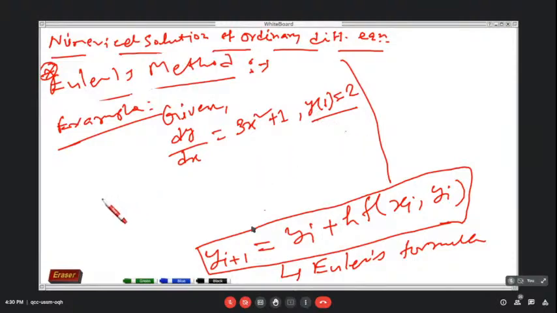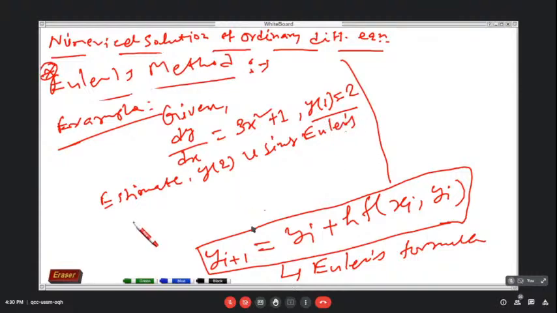Now the question is: estimate y at 2 using Euler's method, with h equal to 0.5.